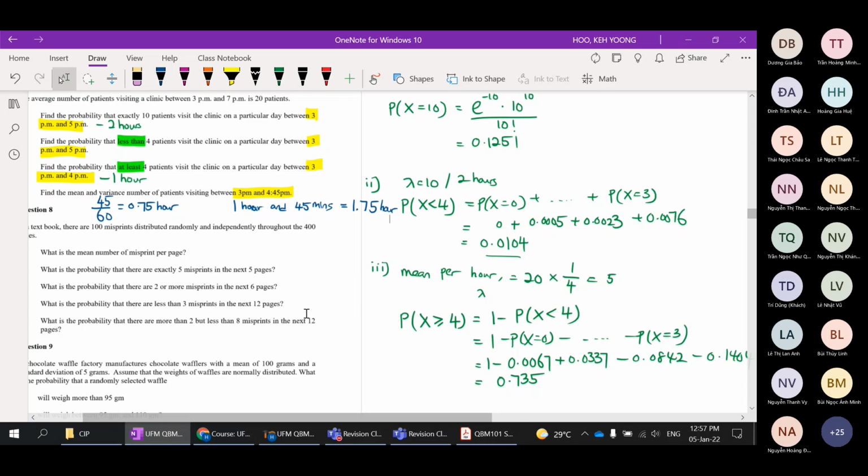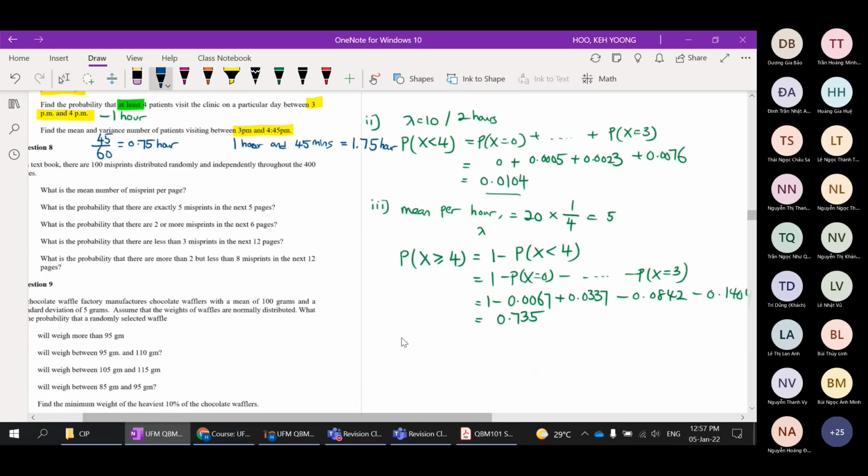So why do I change all to hours? Because later we're going to change our mean again. So the mean for 1.75 hours is equal to 20 times 1.75 divided by 4.